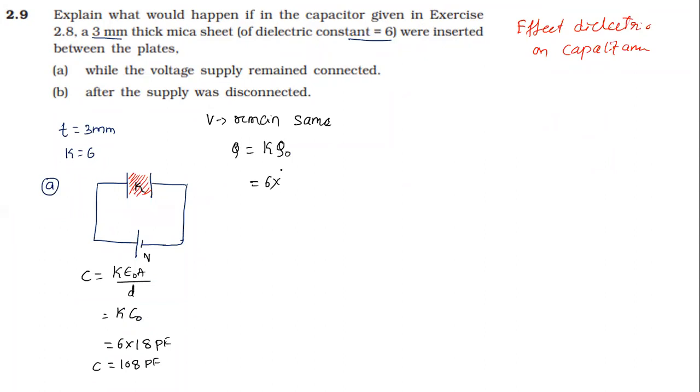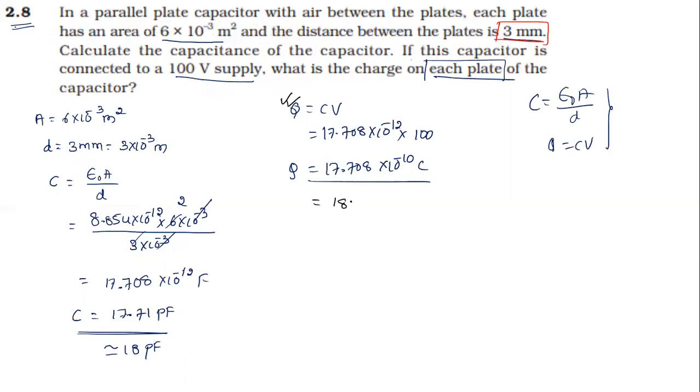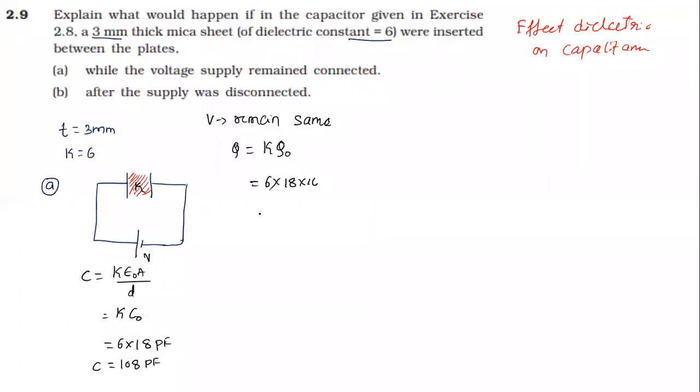So it will be 6 times Q naught from the previous slide. We got almost 18 into 10 power minus 10 coulomb. So it will be 108 into 10 power minus 10 coulomb. That is Q.